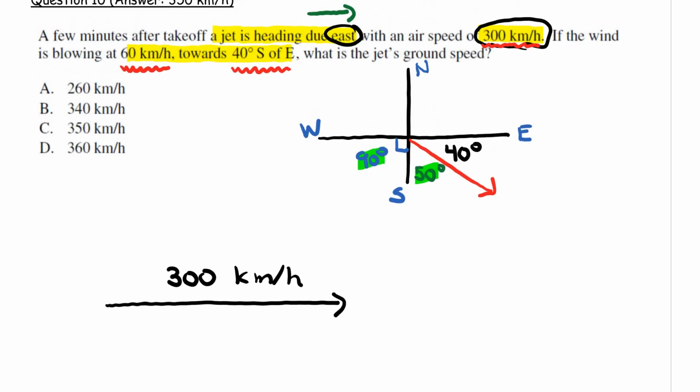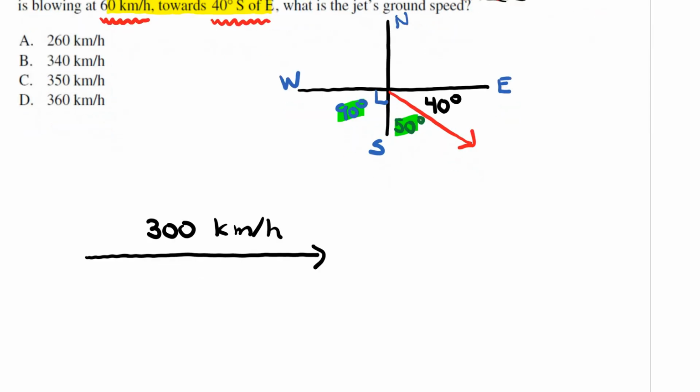Then we have a wind that's blowing at 60 kilometers towards 40 degrees south of east. If I'm going in the southeast direction, that's going to be just like the red vector that we had above. As I stated, the 40 degrees is going to be right here, and what that means is this angle right here, based on this diagram, is going to be 140 degrees. So this will be 140 degrees right there.